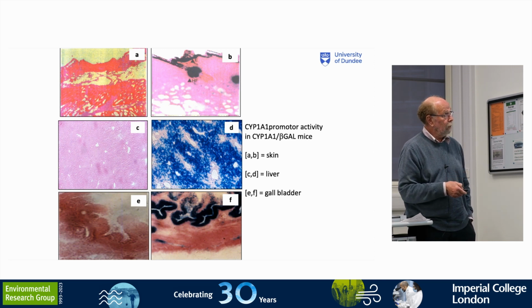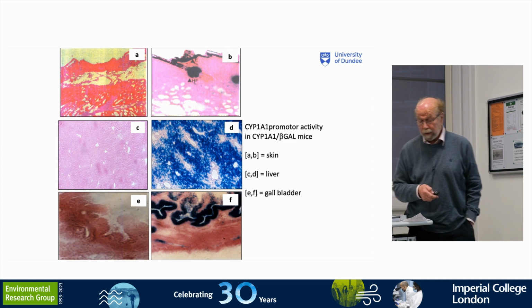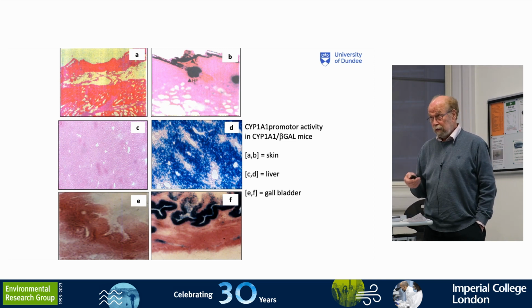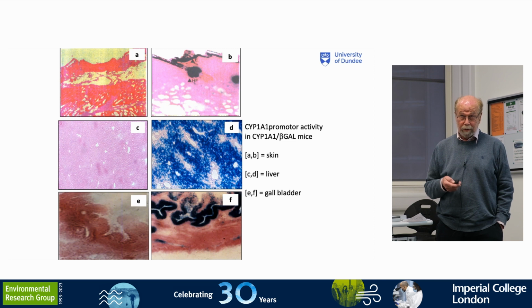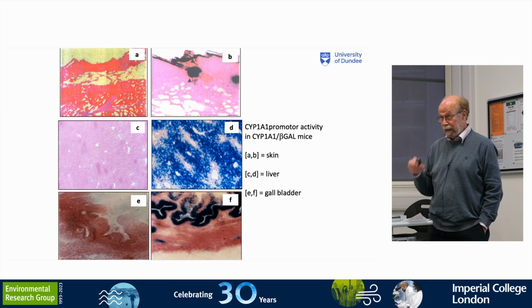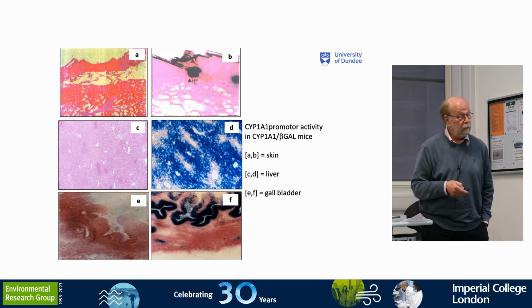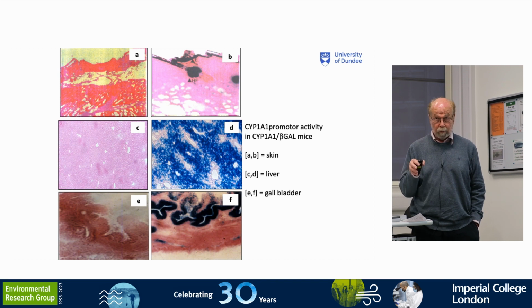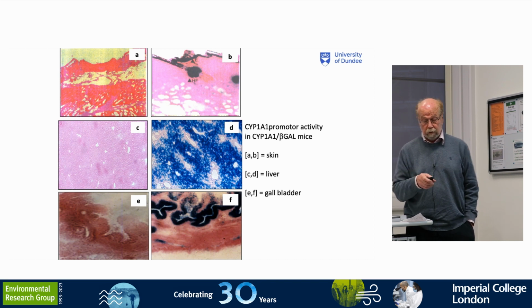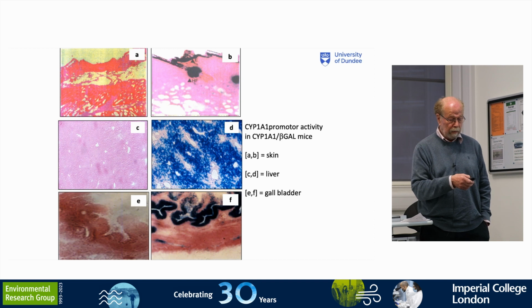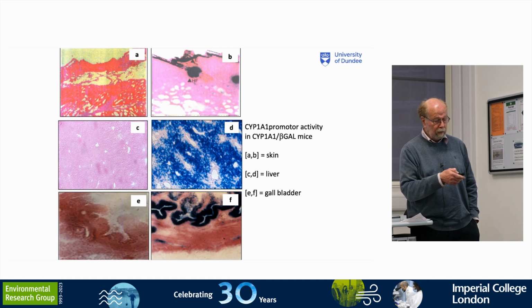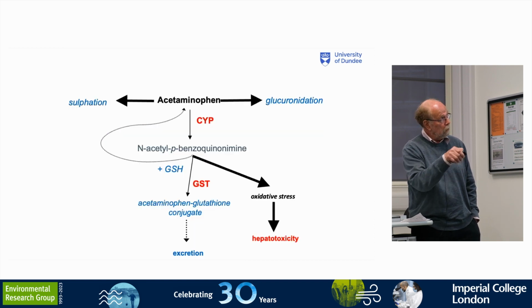Another interesting example: acetaminophen, paracetamol, is not toxic until it is metabolized in the liver to an imidoquinone, a highly electrophilic toxic metabolite. It is still the most common cause of suicide in the UK, paracetamol overdose. It's metabolized by the cytochrome P450 system to this, which is detoxified by glutathione.